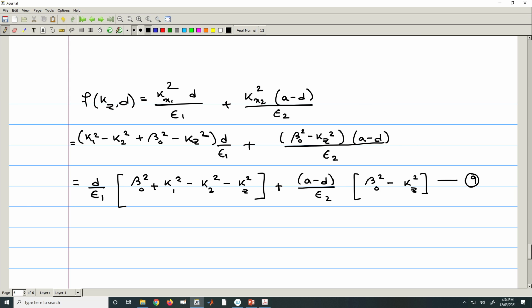Now, for the Taylor expansion, we will write down the Taylor expansion in the neighborhood of (x, y) = (a, b).